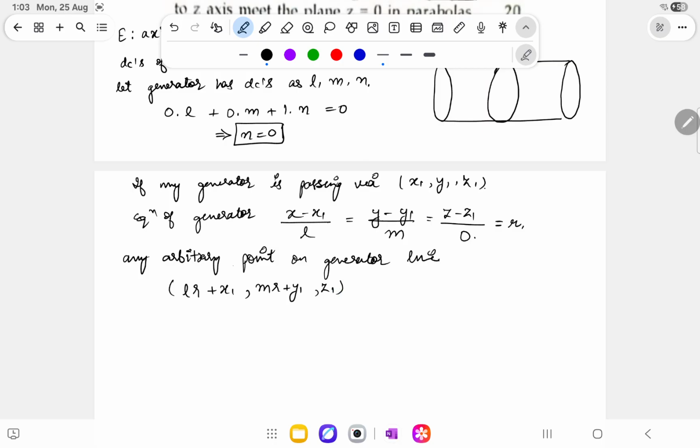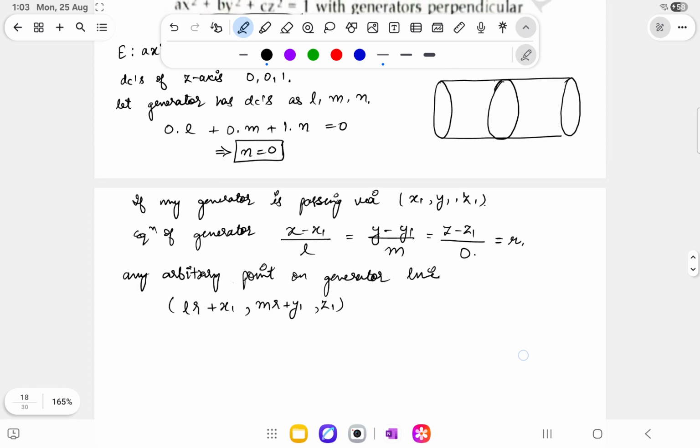So this is my arbitrary point on the generator line, and for some value of r, this point must satisfy the equation of the ellipsoid, because somewhere it will be touching the ellipsoid as well.